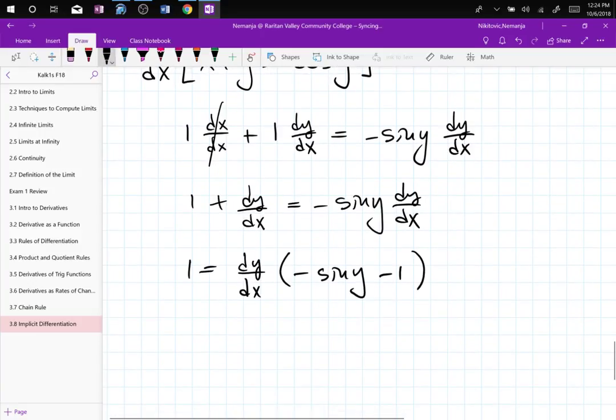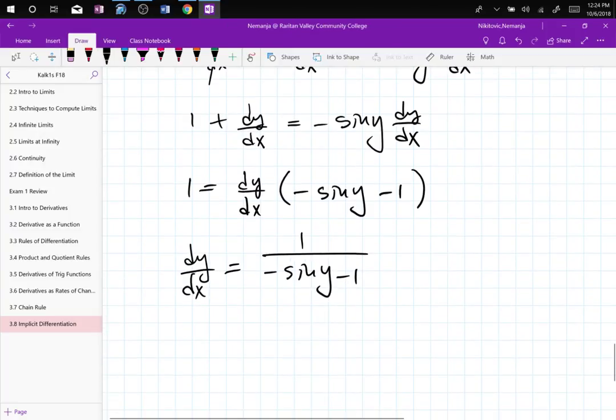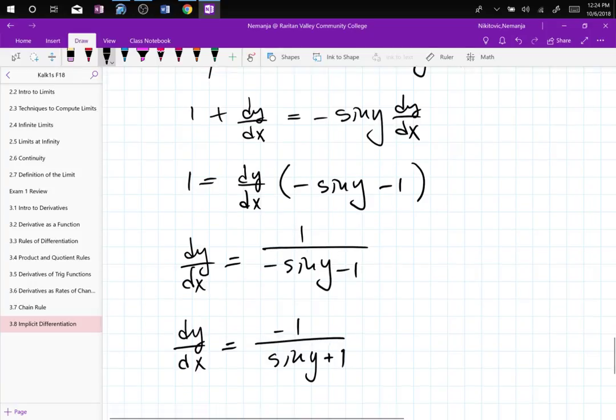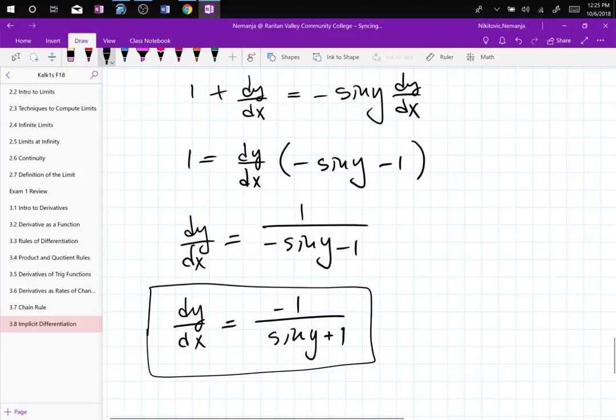So dy/dx is equal to 1 over negative sine y minus 1. And I can just factor out the minus sign in the denominator and push it up. So dy/dx is equal to negative 1 over sine y plus 1. This is your first derivative, right? That's not the question. The question is the second one.